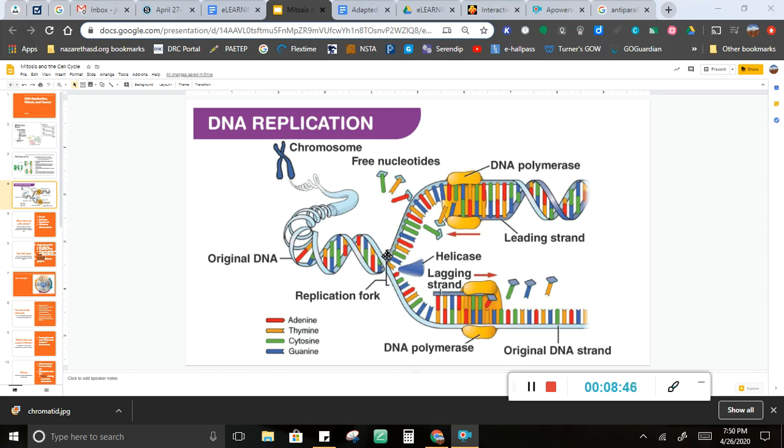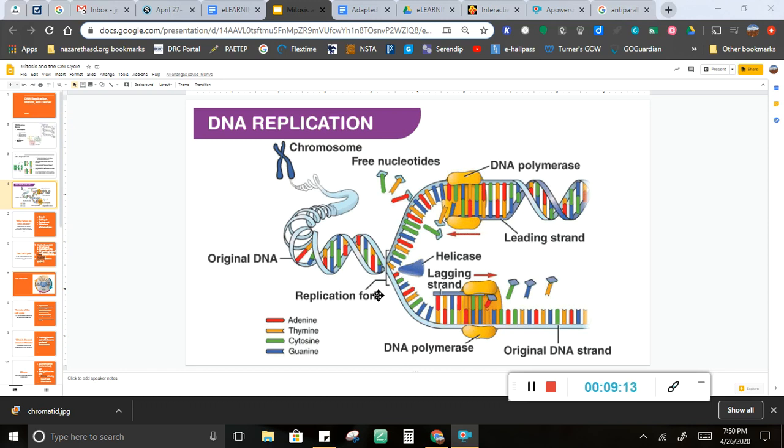Now, there are some other proteins that aren't mentioned in this diagram. They're called single-stranded binding proteins, and they help stabilize the open strands of DNA while replication is taking place. But for you guys, I just want you to remember helicase, the enzyme that unzips DNA, and it creates this replication fork. Now, in reality, there are multiple places along the DNA strand where replication is taking place all at once.